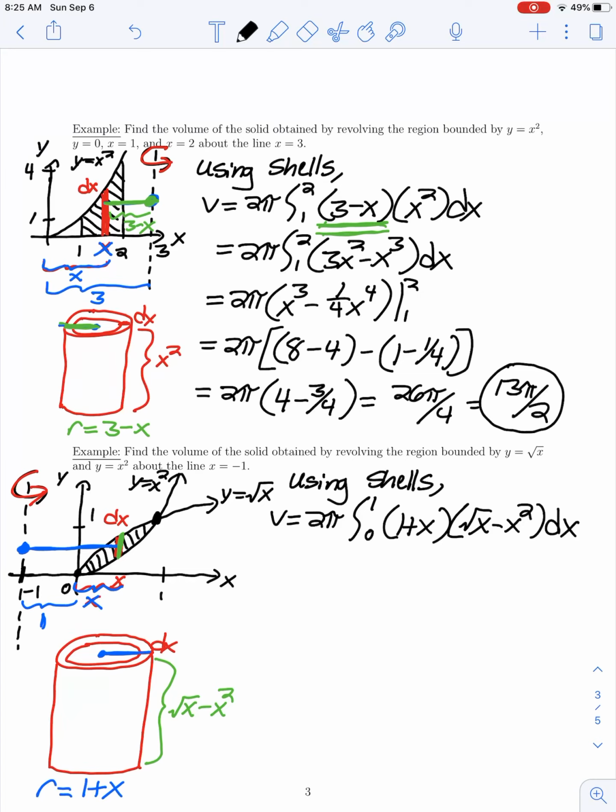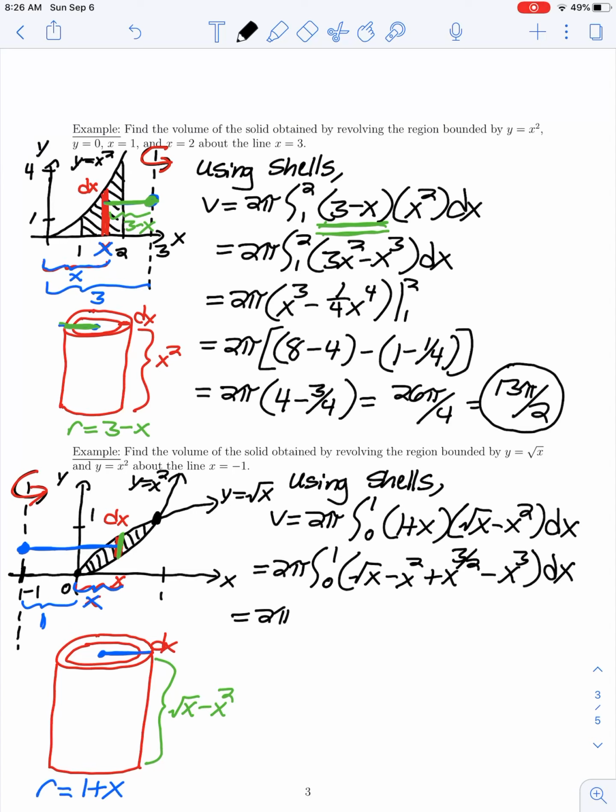So in order to evaluate this integral, we need to expand. So we have a constant 2 pi times the integral from 0 to 1 of, if we expand this, the square root of x minus x squared plus x times the square root of x, which is x to the 3/2, and then minus x times x squared, which is x cubed, dx. So let's find our antiderivative.